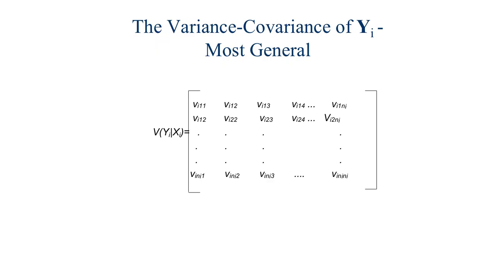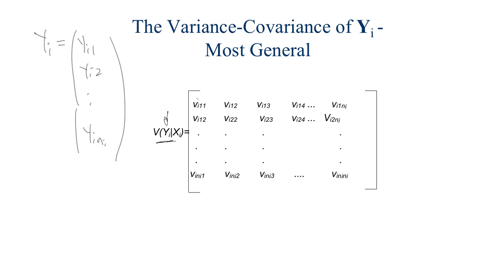Again, this is the most general form. So I'm looking at the variance covariance of one person. So this yi is yi1, yi2, all the way down to yini. And whenever I say the variance of a vector, it means it's a variance covariance matrix.